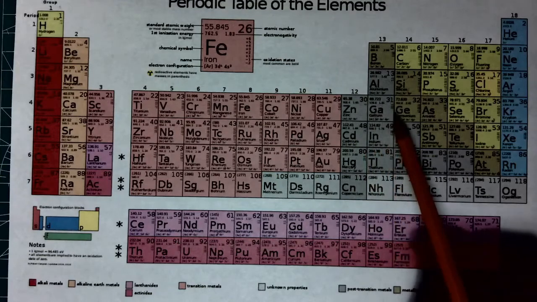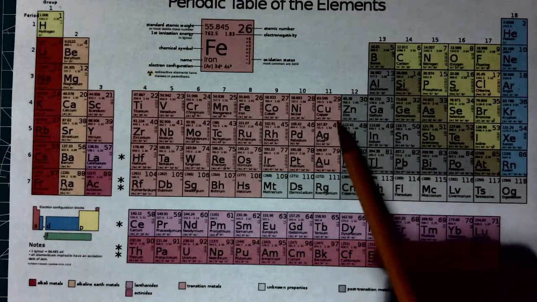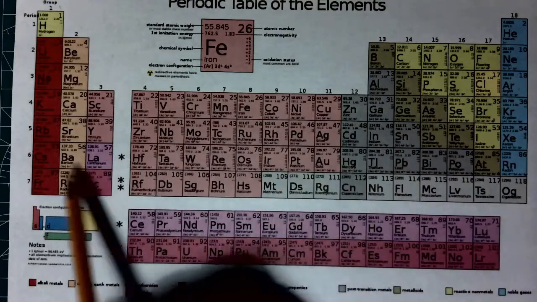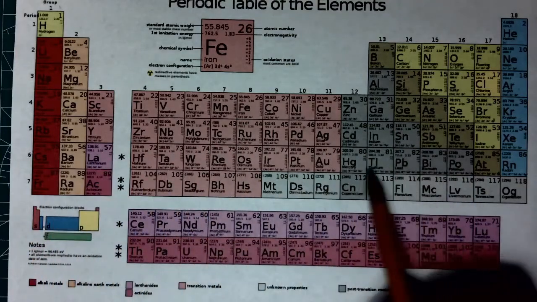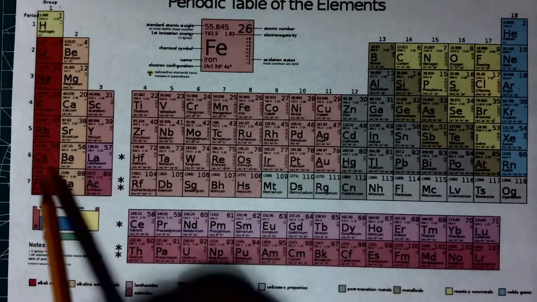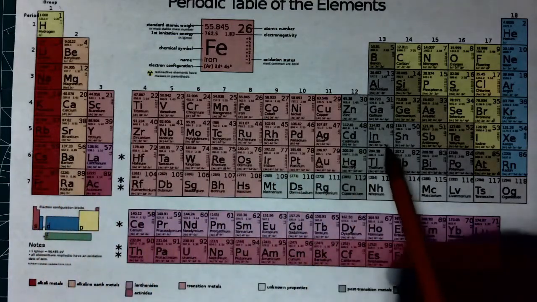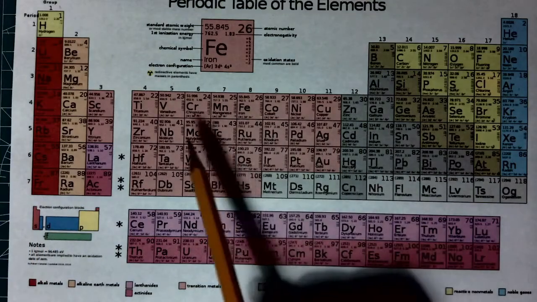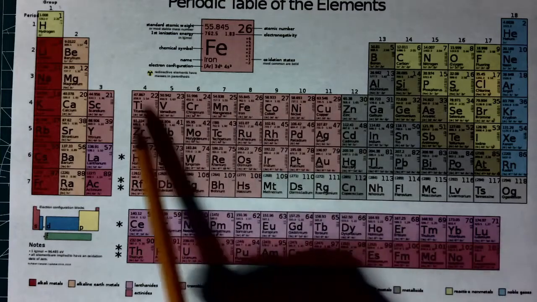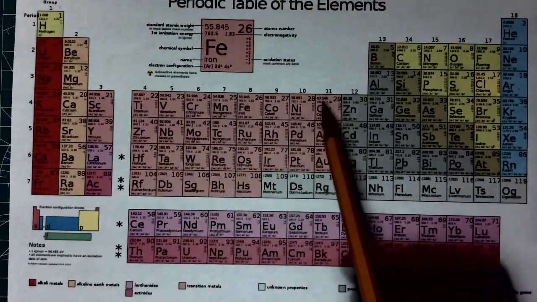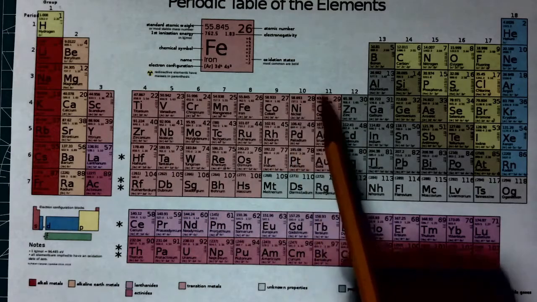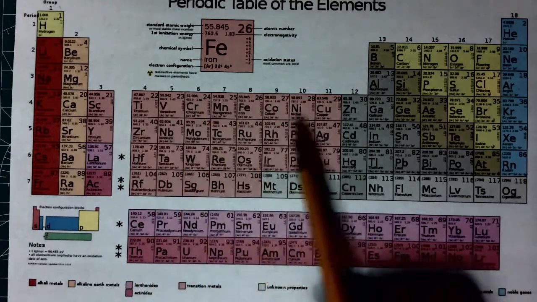The ones to the left of the metalloids, all of these are the metals, and you can see that that's actually the majority of all of the elements. Because there are so many metals, we often break these up into smaller groups so we can talk about them.